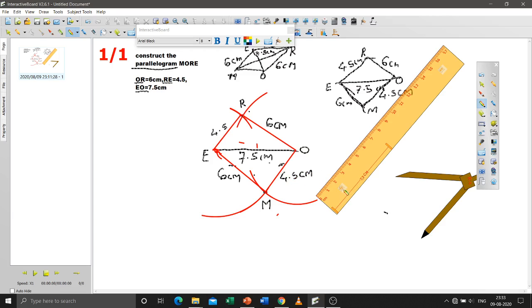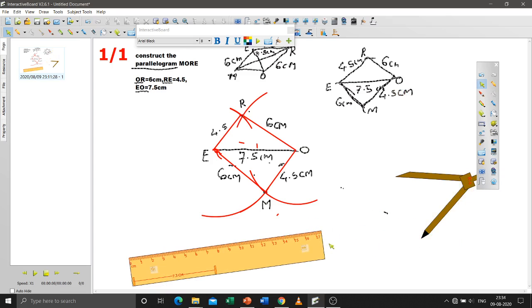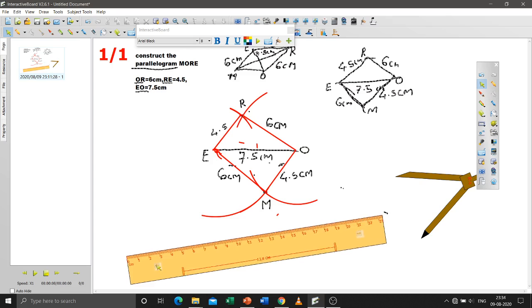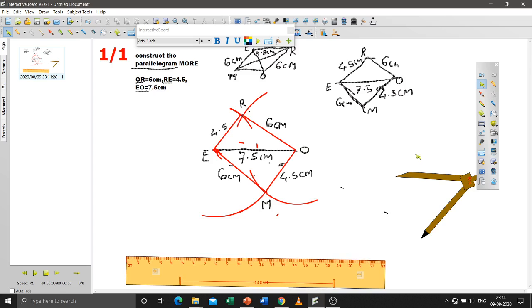So in this way we have got our parallelogram.